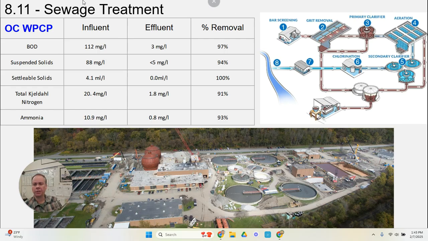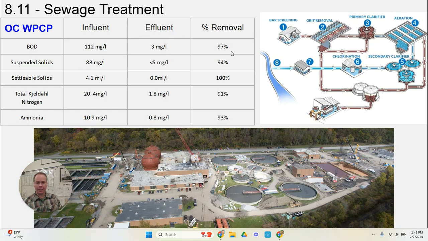And we can see how effective our wastewater treatment is in Oneida County. This is what comes in from the wastewater: biochemical oxygen demand, we'll talk about that, suspended material, settleable material, nitrogen, and ammonia. And after treatment through this process, these are the levels in the effluent.